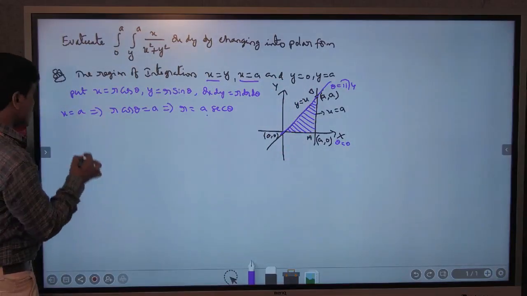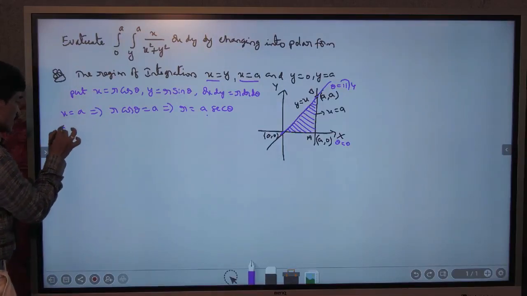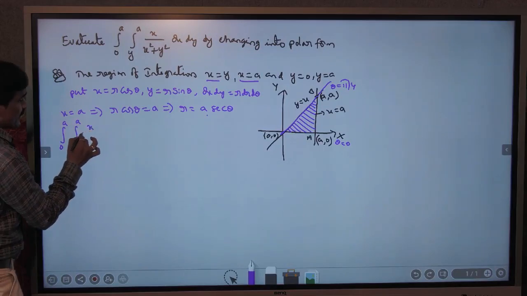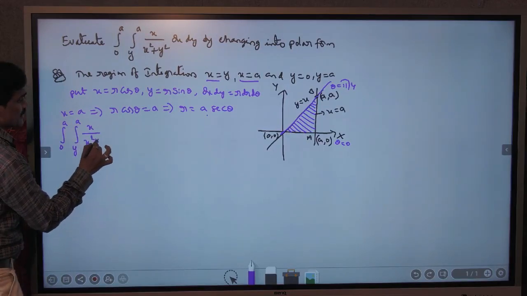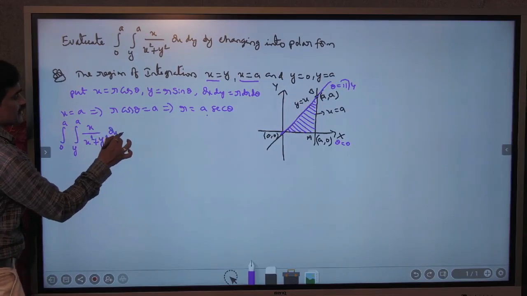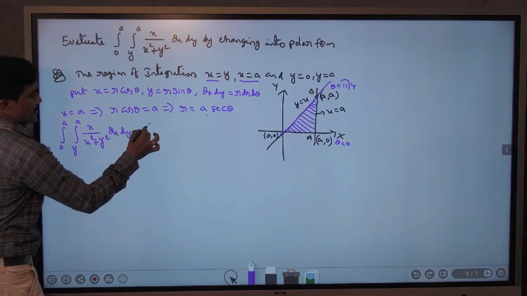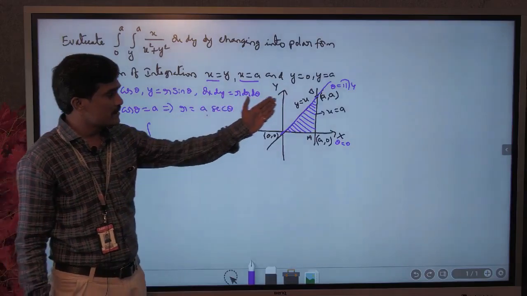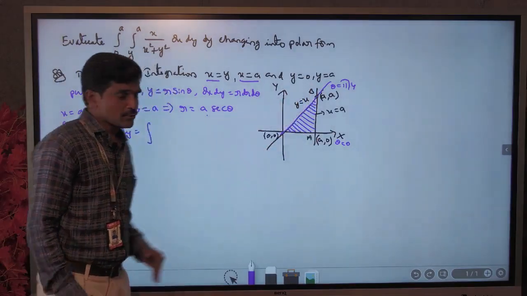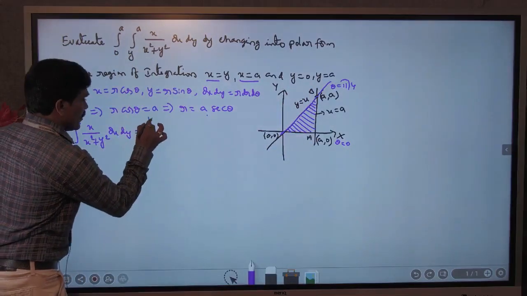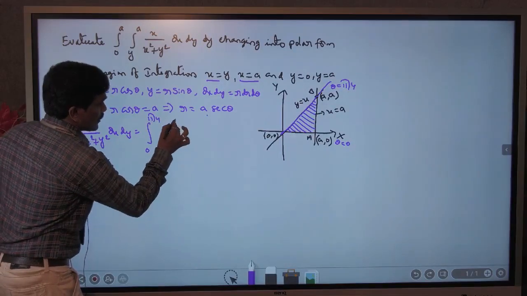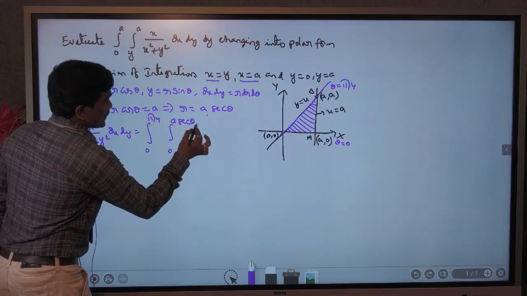Then take the given integral, 0 to a, y to a, x by x square plus y square dx dy. Now the limits: r varies from 0 to a secant theta and theta varies from 0 to pi by 4.